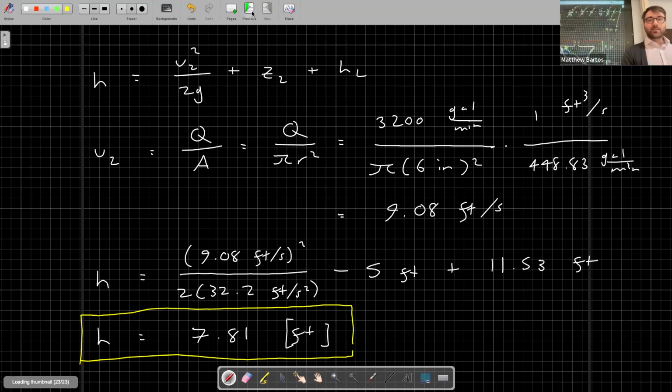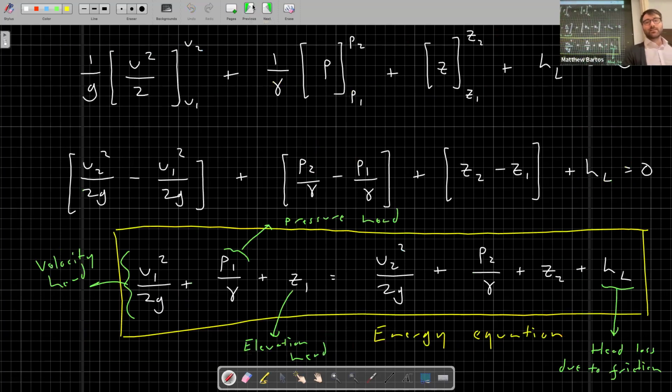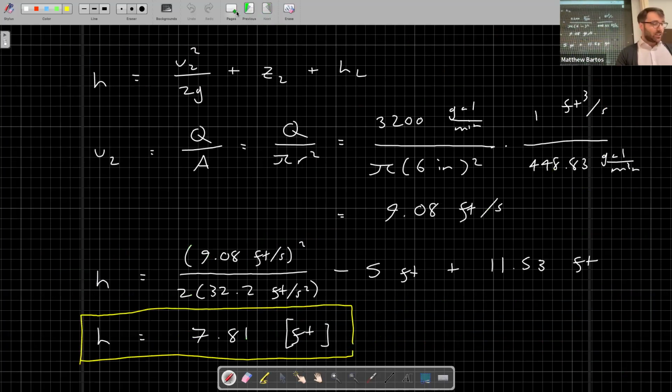So what units is the energy equation expressed in? Length, right? So it'd be expressed in units of meters or feet. Why is it expressed in meters or feet versus units of energy? I'm just going to ask this question rhetorically.